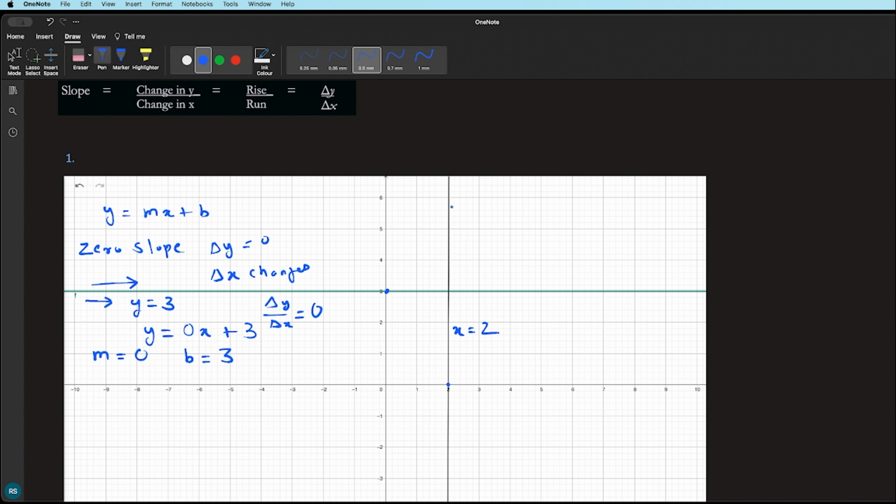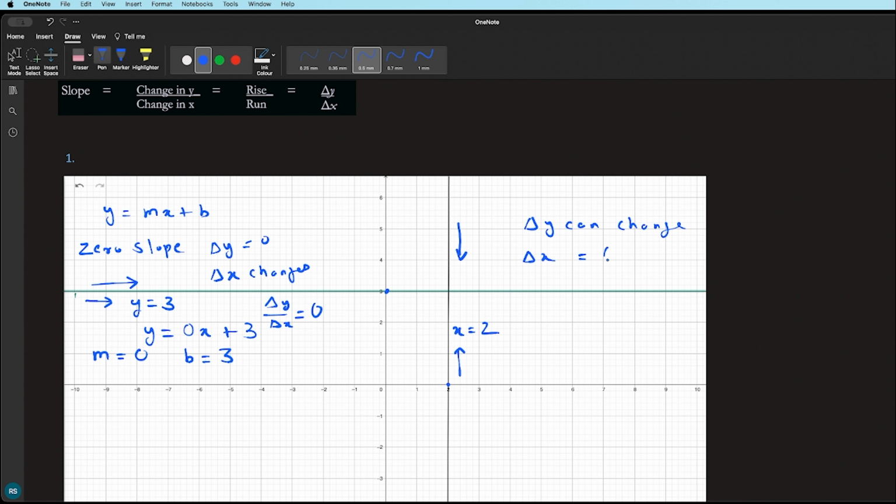So if you see this vertical line, I can go in the downward direction or I can go in the upward direction. So the value of y may change. Okay, delta y can change. But you can see here the value of x is constant. Okay, so there is no change in delta x.